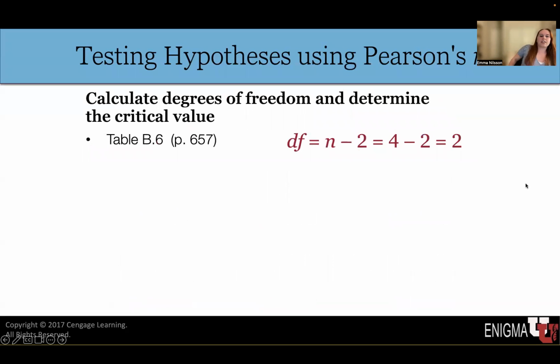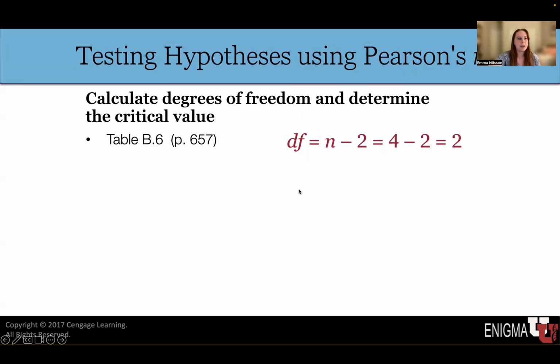The next thing we have to do when we're doing hypothesis testing is calculate the degrees of freedom and determine the critical value. We always have to do this. This table B6 is in the textbook that these courses are from, and I will go back at the end and show you what that textbook looks like in case you want to look it up. But you could just look up critical values for Pearson's R on Google, and you would probably find it.